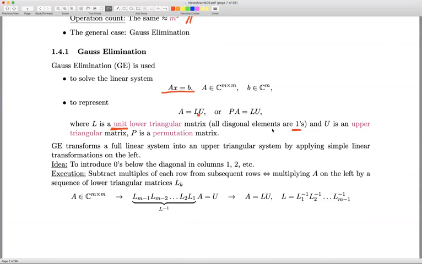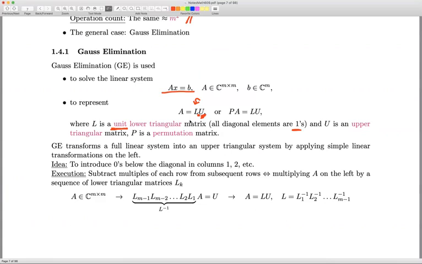And so A will be a product of a unit lower triangular matrix L and an upper triangular matrix U. So when we do Gauss elimination, probably you remember from linear algebra, you end up with an upper triangular matrix, and this U is the upper triangular matrix that you end up with. And then you do backward substitution to actually find the solution of your system.